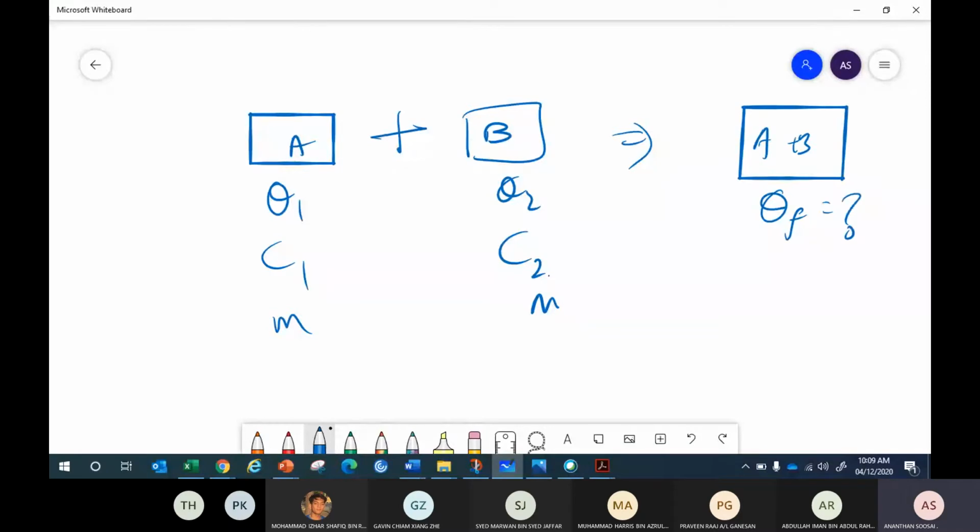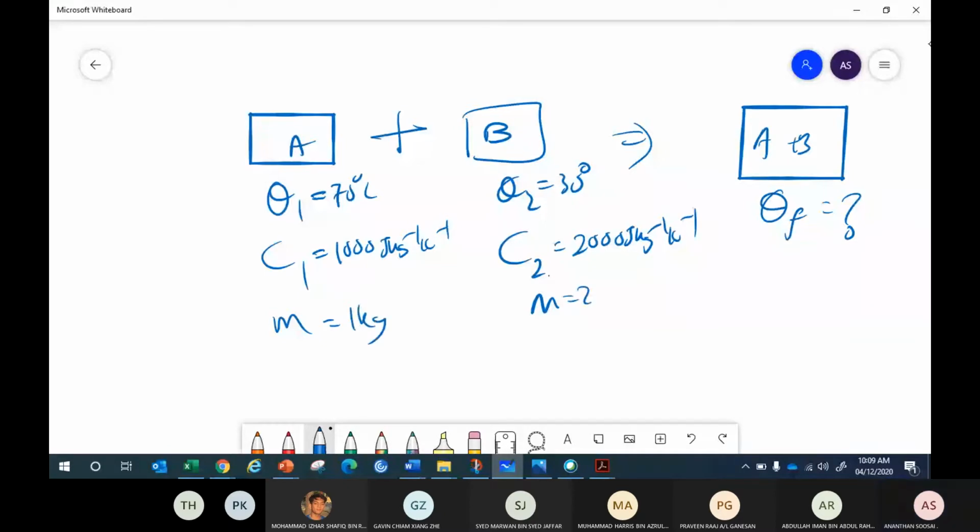Let's say theta 1 is 70 degrees Celsius, theta 2 is 30 degrees Celsius. C1 is 1000 joule per kg per Kelvin, C2 is 2000 joule per kg per Kelvin. Mass is 1 kilogram for A and 2 kilogram for B. When these two mix, what is the final temperature attained?